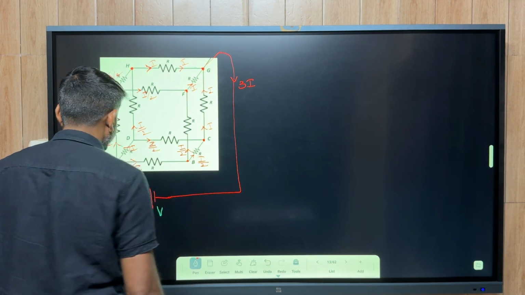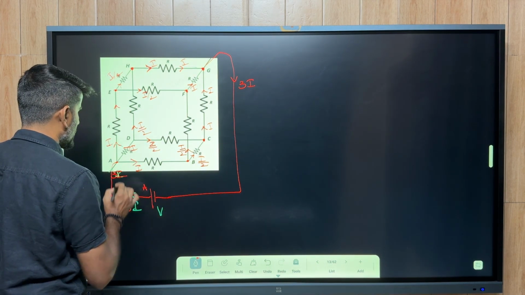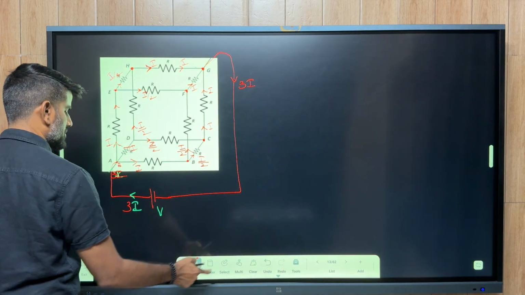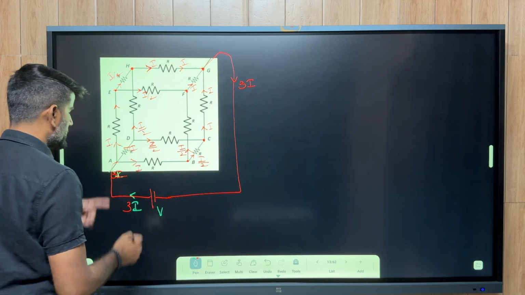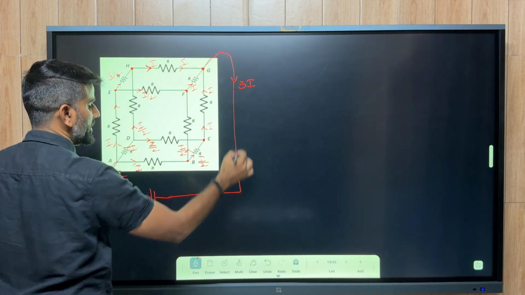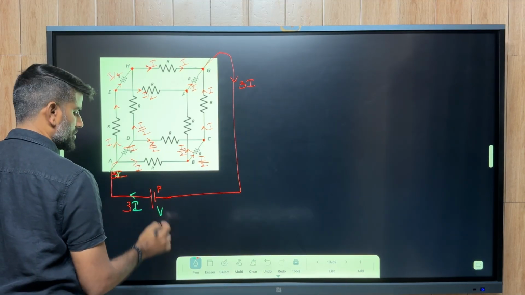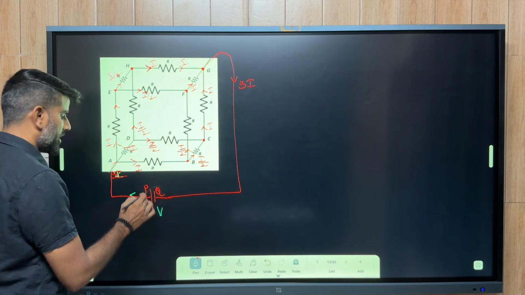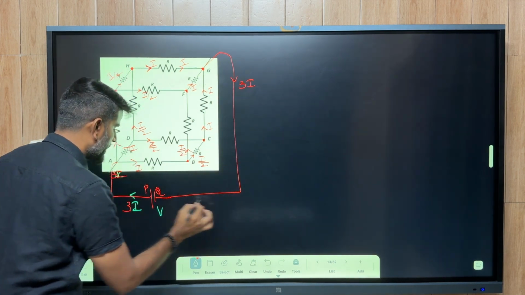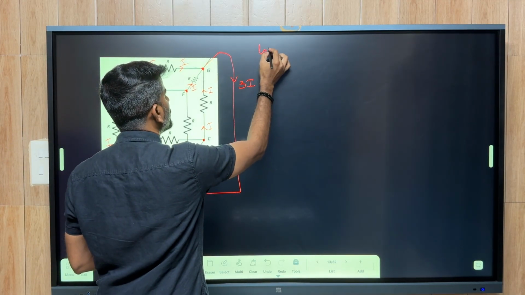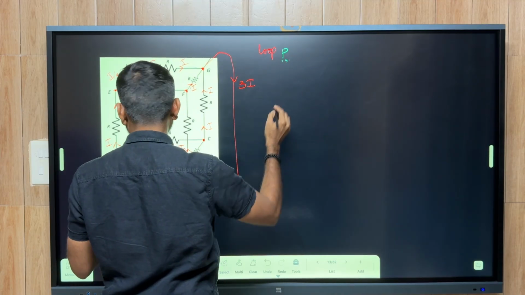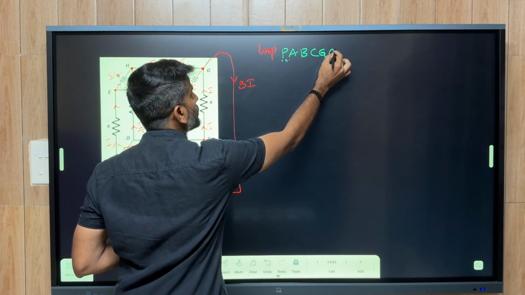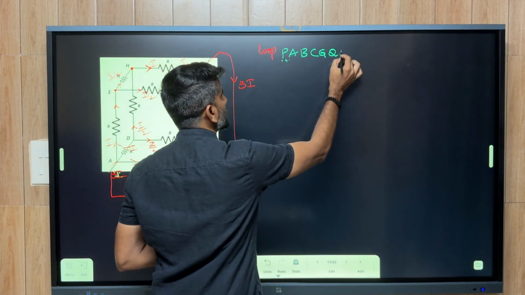Let us take, now I'm taking it as A, B. Sorry, we have already A here, so this is B, C, G, and again P, here I'm taking it as P, Q. Now I have a loop P, A, B, C, G, again Q, and again P. This is our loop.